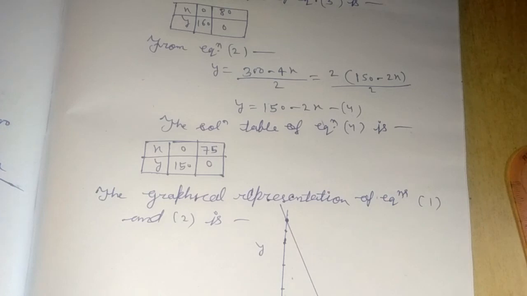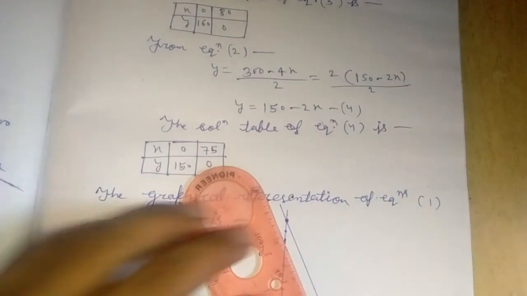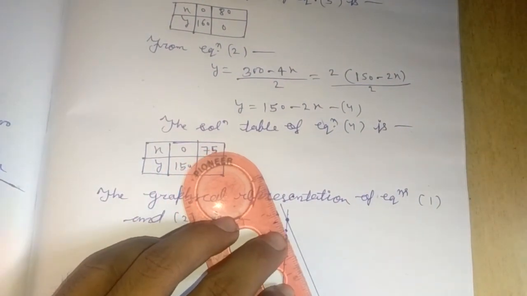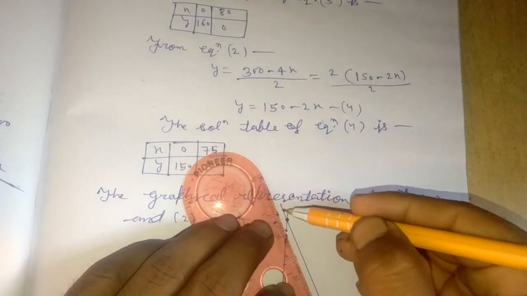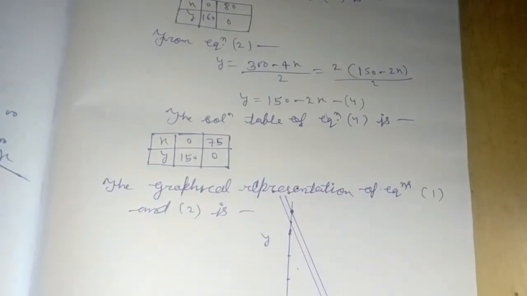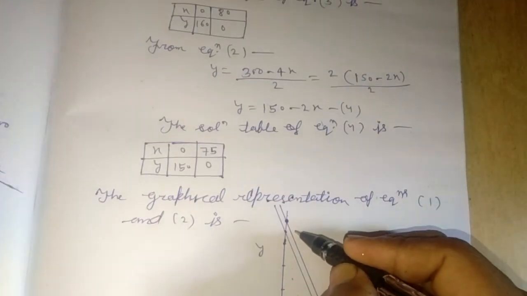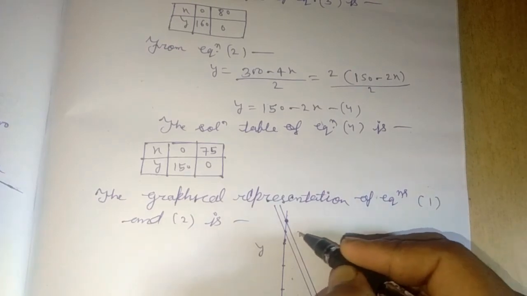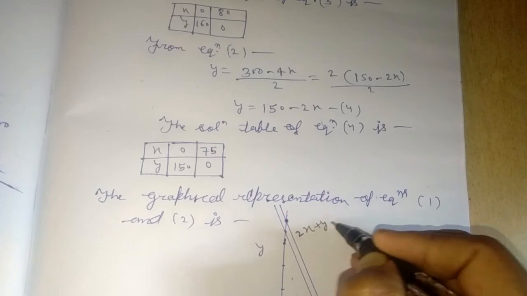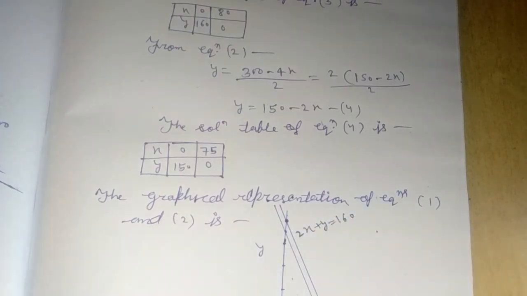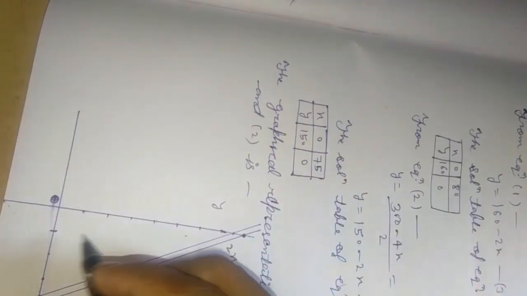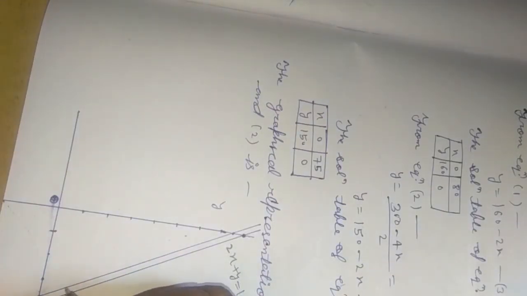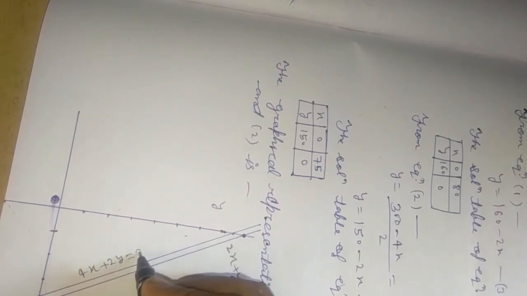Now join them. You can look here: this is the line of equation 1, 2x plus y is equal to 160. And this is the line of equation 2, 4x plus 2y is equal to 300.